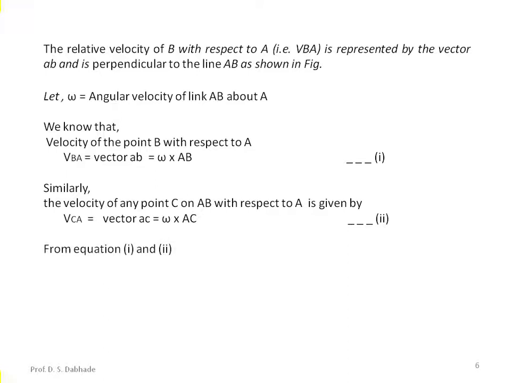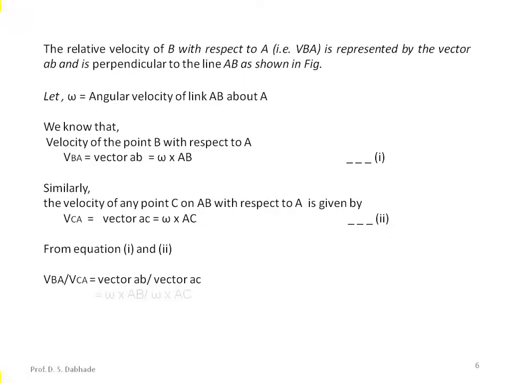So here we'll divide equation number 1 by 2. From equations 1 and 2 we get the ratio of velocities equal to the ratio of lengths of vectors. So the velocity of B with A divided by the velocity of C with A is equal to vector AB divided by vector AC.